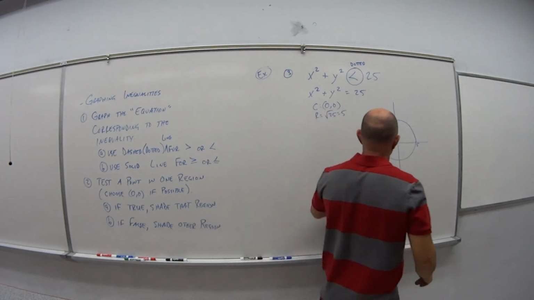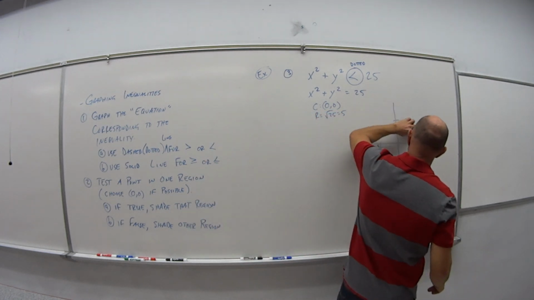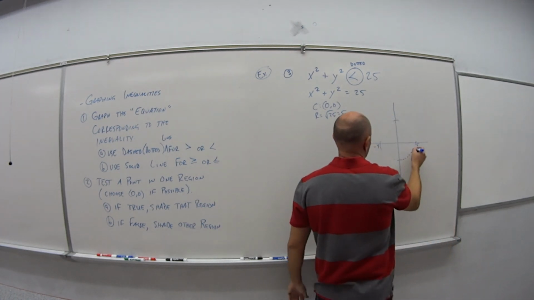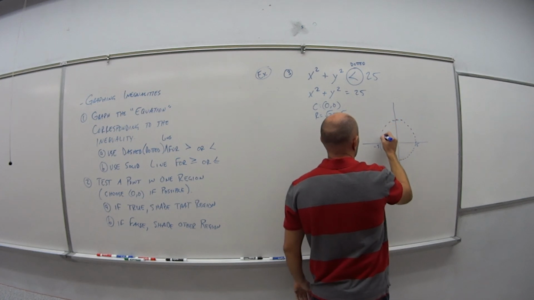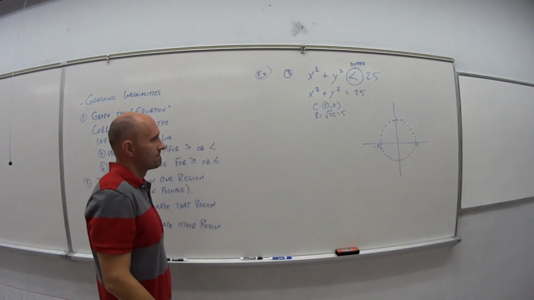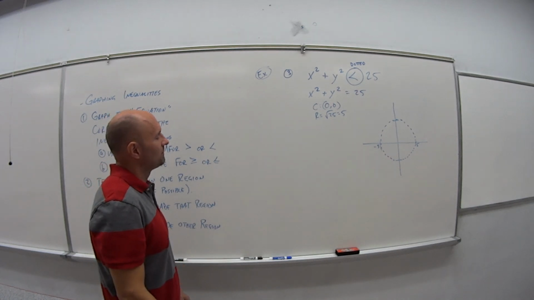And, see what I did there? That's why you don't use pen. It should be a dotted line or a dashed line. So that's what the circle should look like.